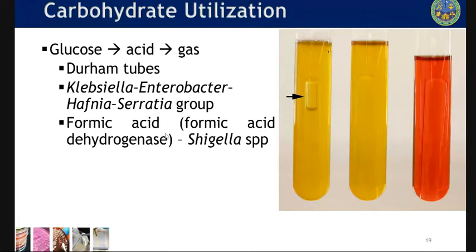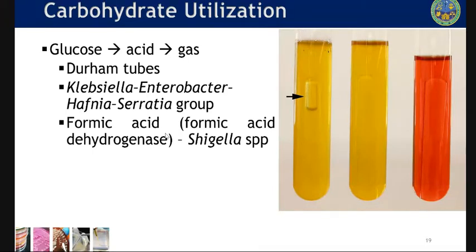But you cannot see gas production by merely having it in a solution or in a culture broth. So you have an inverted smaller tube inside the test tube. This is what we call your Durham tube, so that you can capture the gas. You can detect whether there is gas production by looking at the space inside the inverted tube.